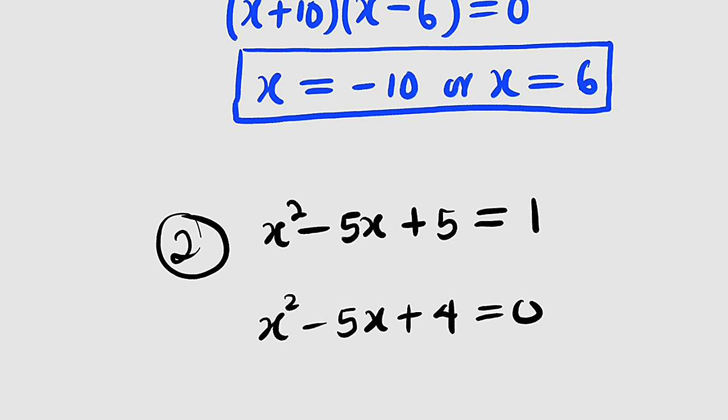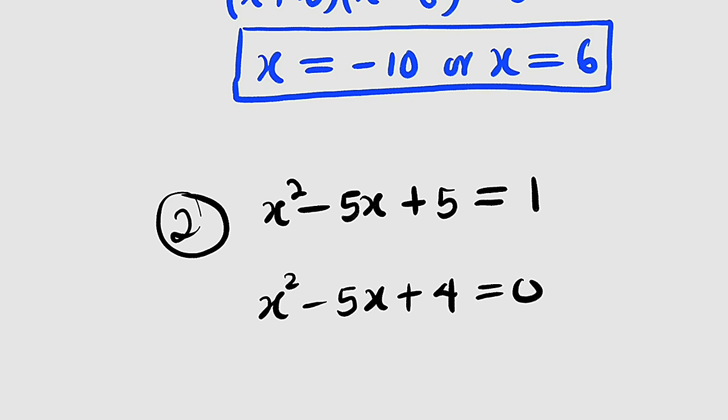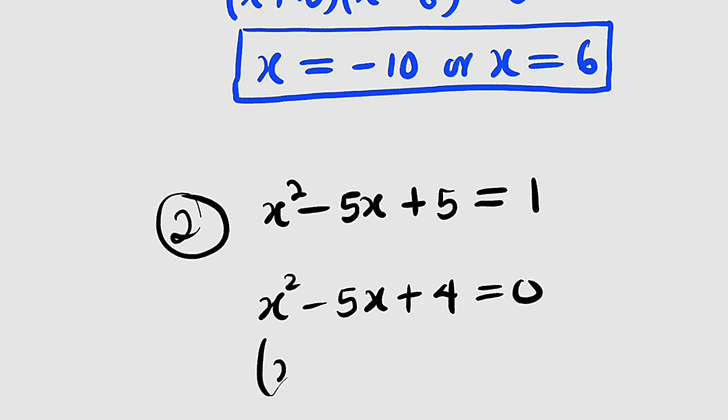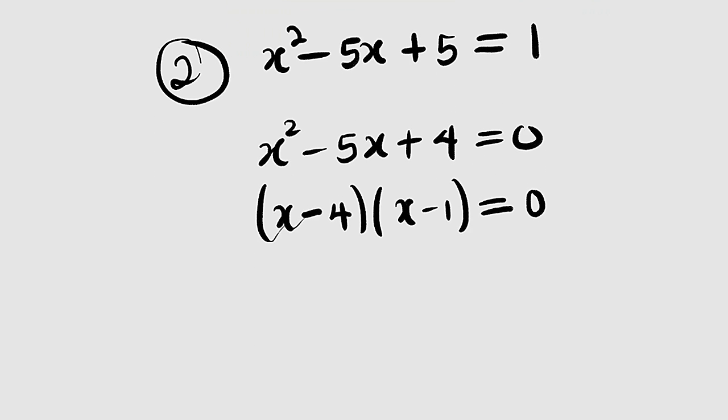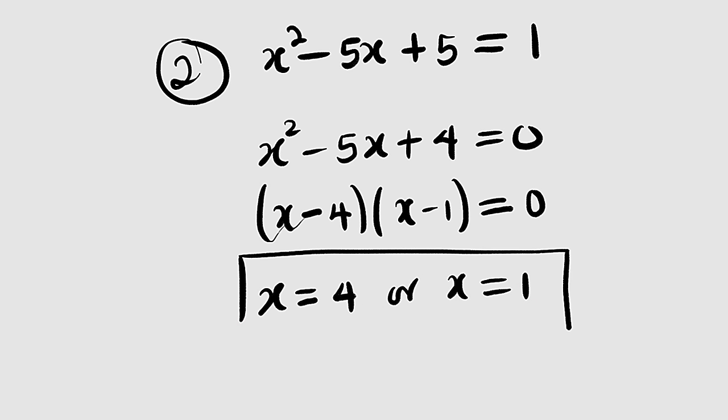The numbers are negative 1 and negative 4, right? So we have (x minus 4) multiplied by (x minus 1). Setting each of them equal to 0, it implies that x could either be 4 or 1, right? Second solution. So far we have 4 solutions, right?